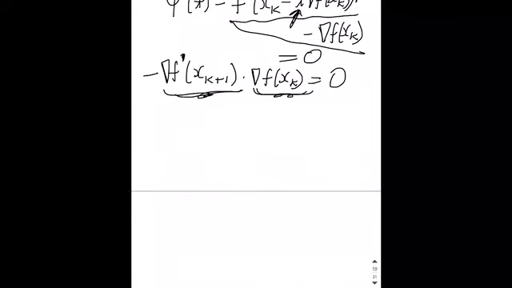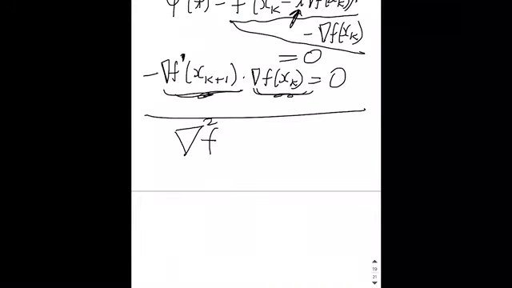Now we will briefly analyze the convergence properties of the gradient descent, steepest descent method. So, convergence analysis. Let's consider this M smoothness property.